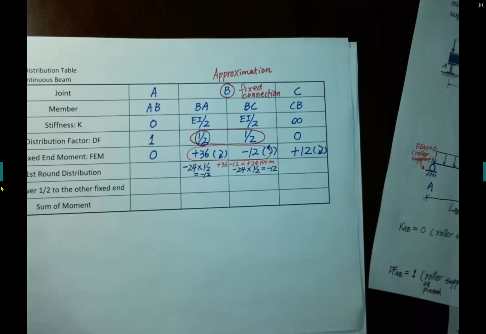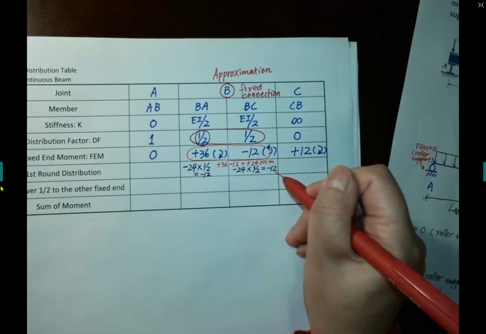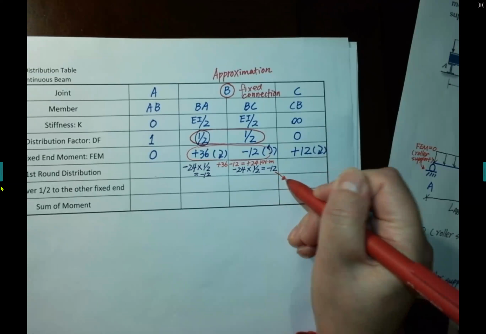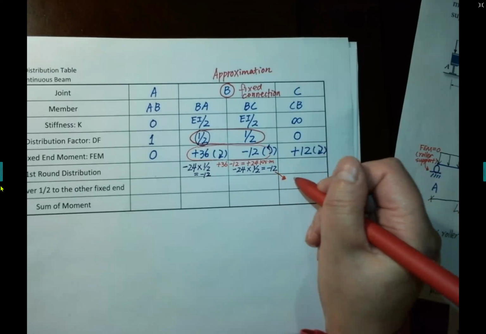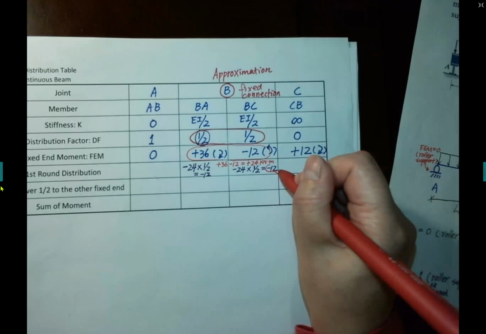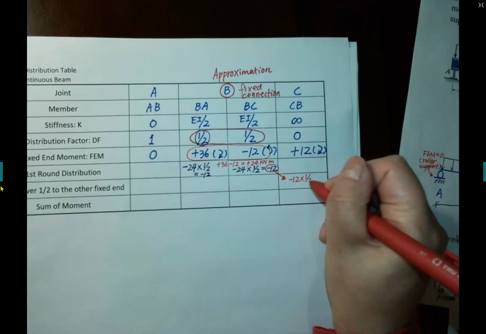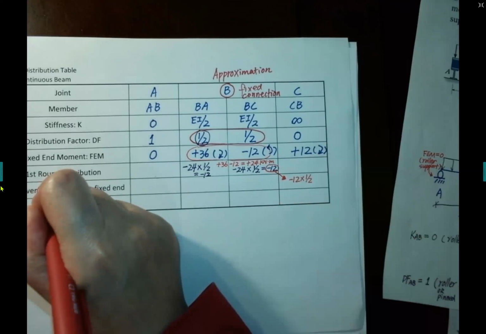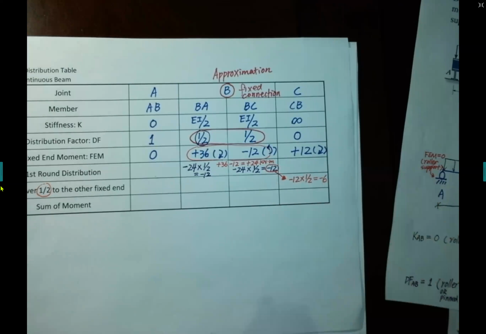If there's a distributed moment at the B side, it will carry over 1/2 to the C side. So use -12, just this distributed moment, times 1/2, the carryover factor, and it equals -6. That's the carryover.